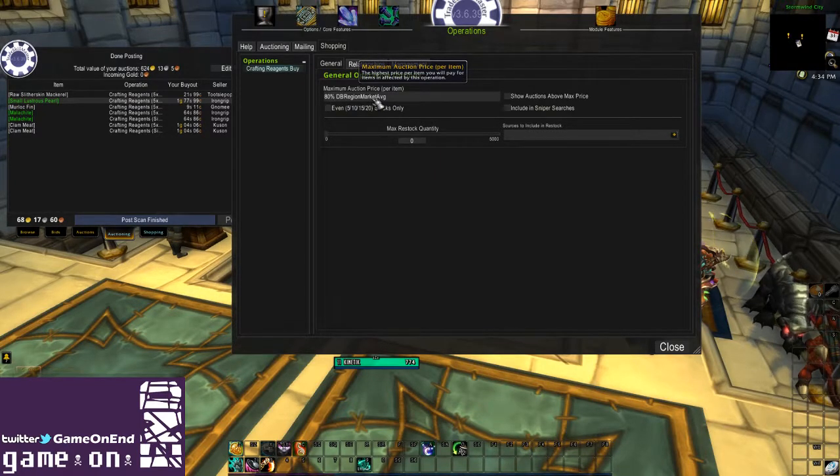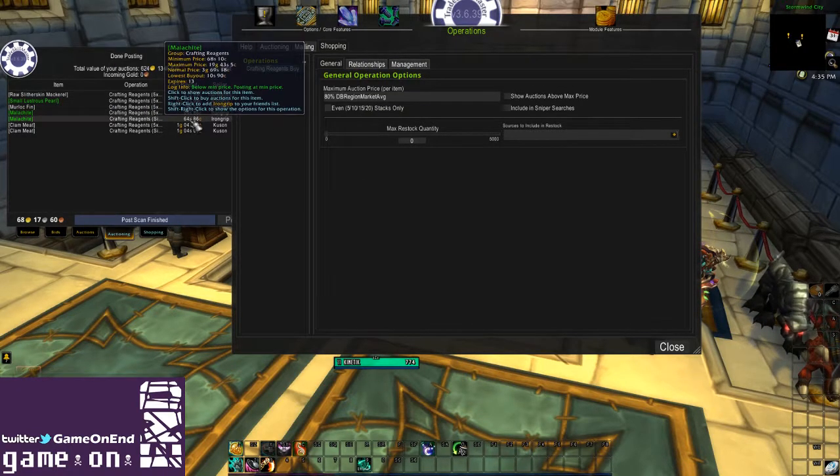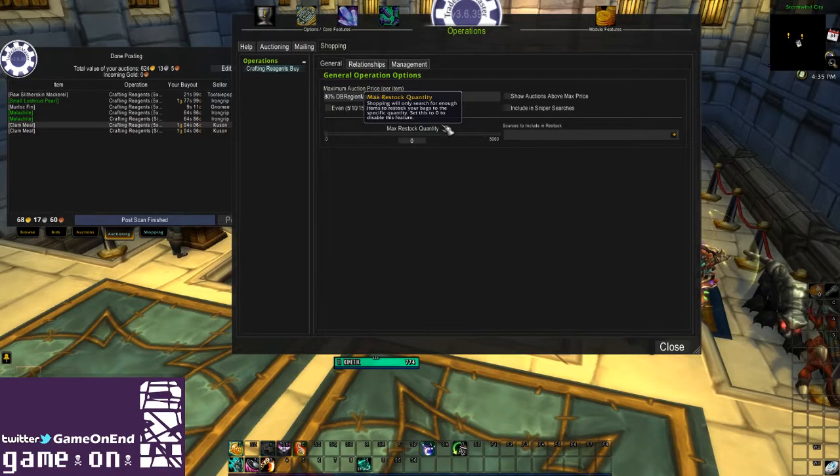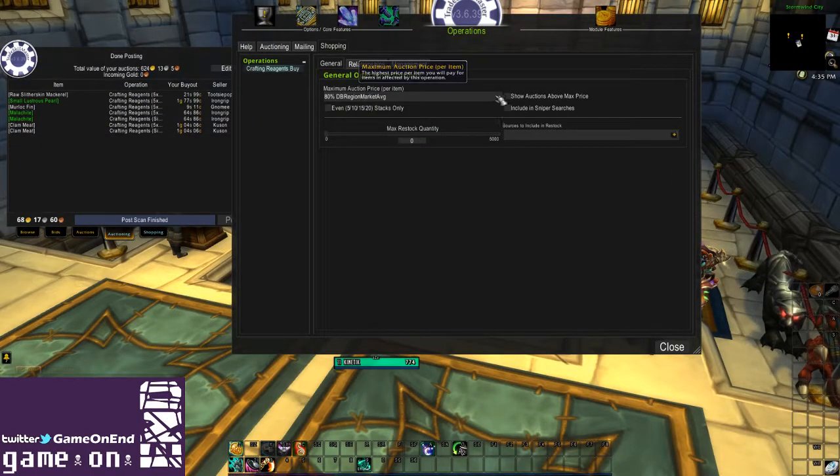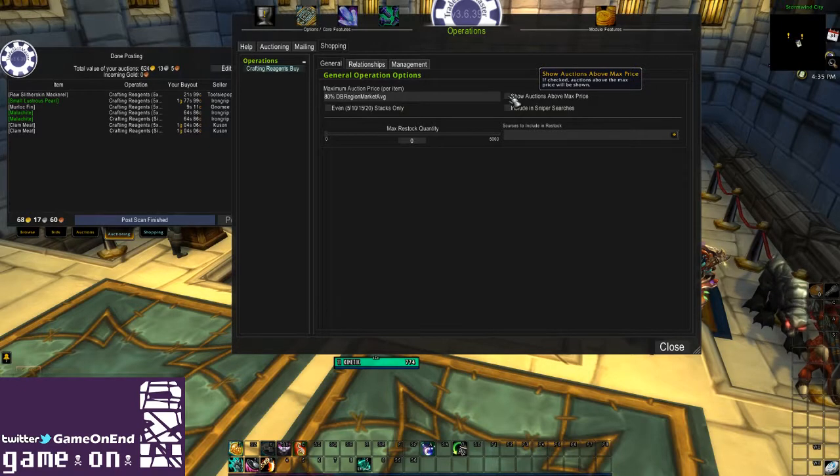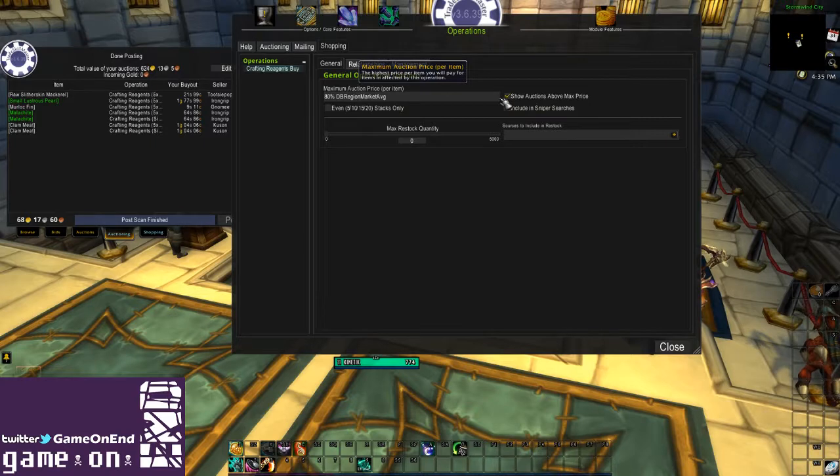We never really want to get too close to the market value, especially on these lower priced items. But let's go ahead and take a look at what happens here when we do this. Now, in items like this where there could be a lot of inventory in the auction house, like say there's a lot of linen cloth here, we may want to check this that shows items above our price, because of that margin that we have built in between the 80% and the 95% of the market value.